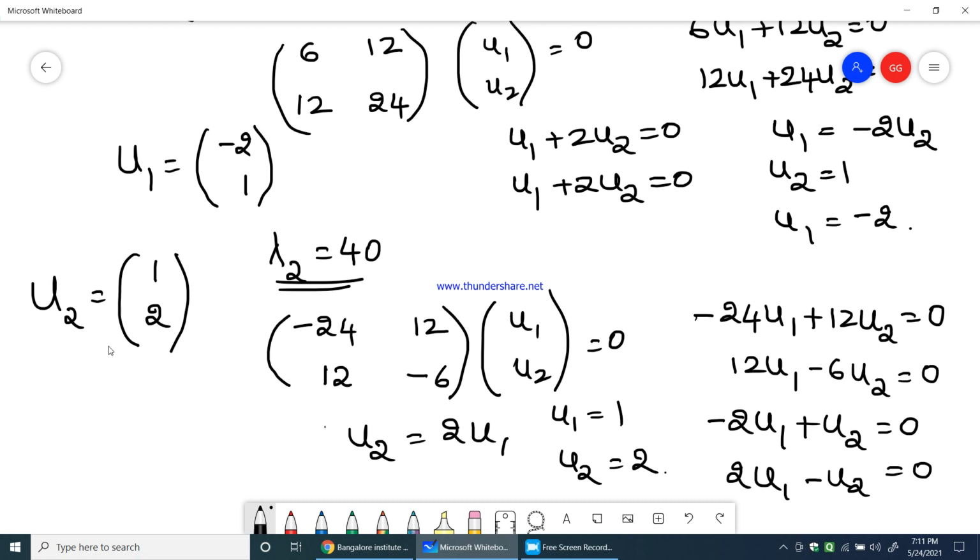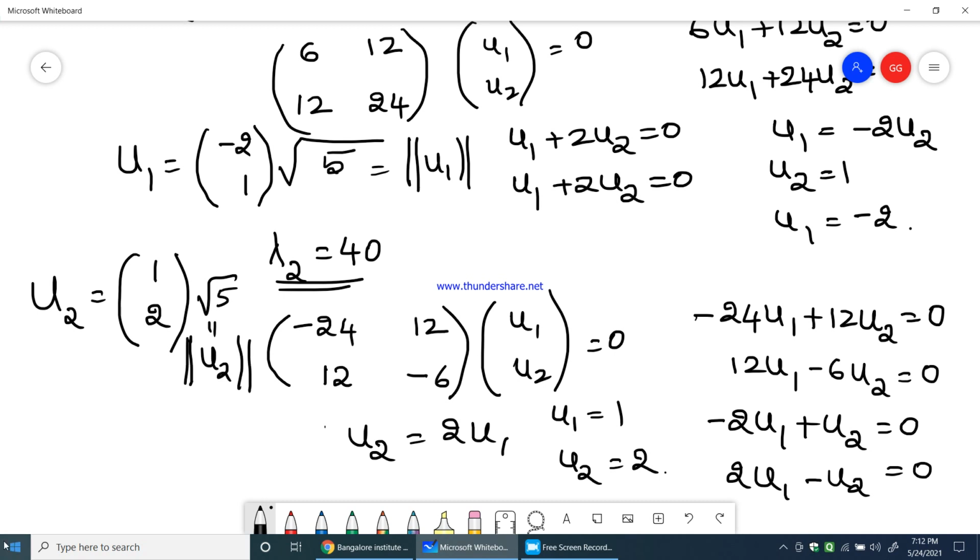Now let me normalize to find the length. It is the square root of minus 2 square plus 1 square, 4 plus 1, which is 5. Similarly, here also you get square root of 5, which is the norm of u1, and this is the norm of u2.